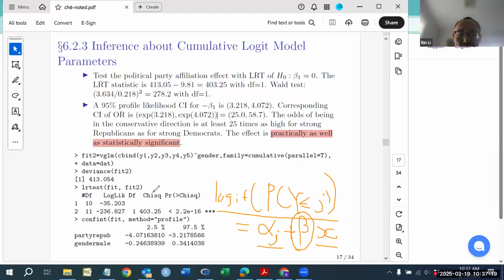For the cumulative logit model with proportional odds, we can also do the inference just like before.